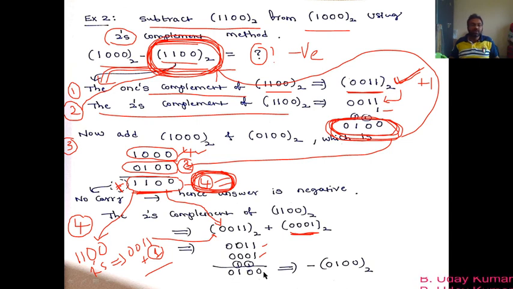That is the answer you get for the 2's complement of this 1100, and this will be the answer of this question also. But remember, since we already know that there was no carry and the answer is negative, we write just a minus sign in front of the answer that you get here. So the final answer will be minus of 0100. So that's it. Okay, so that you have to understand.